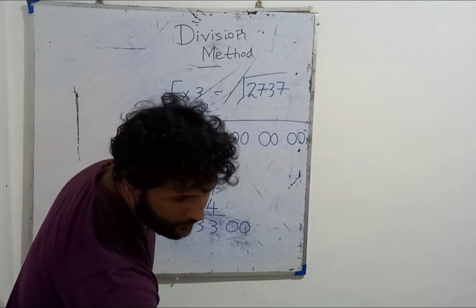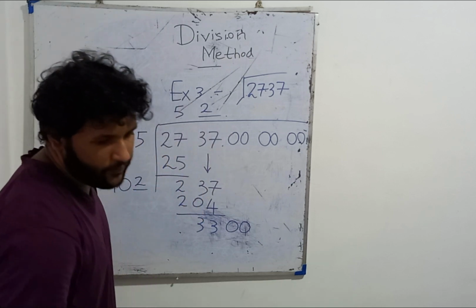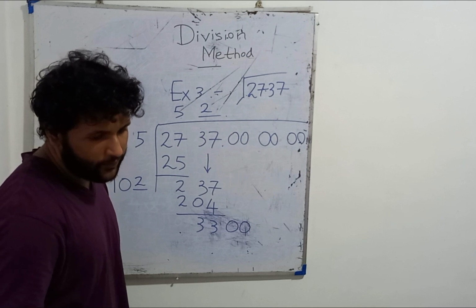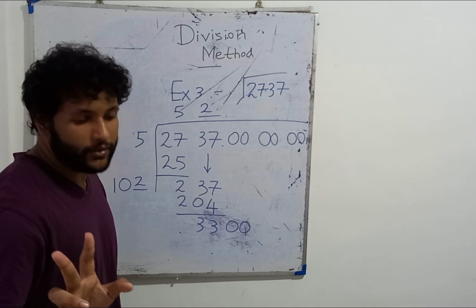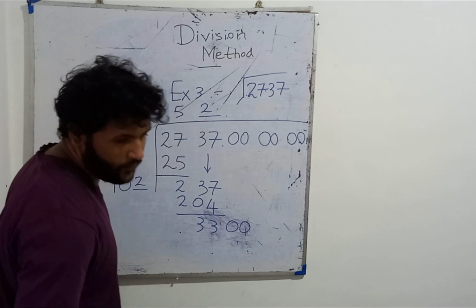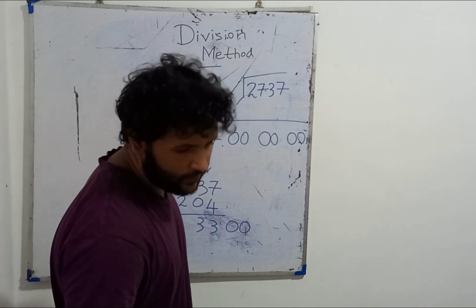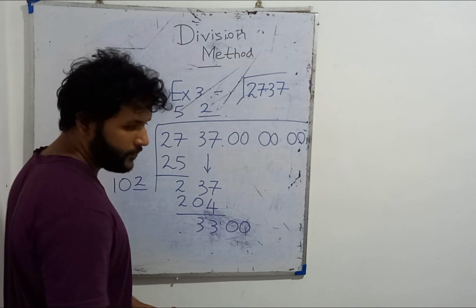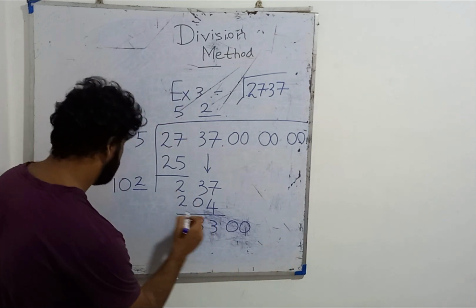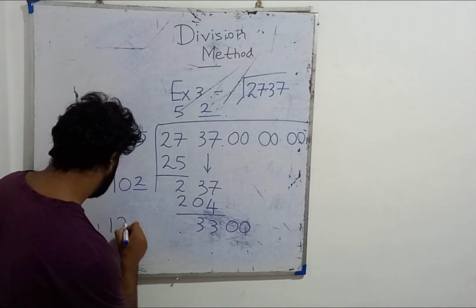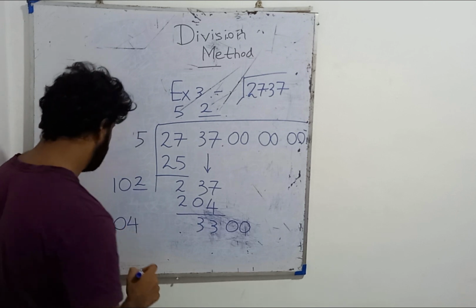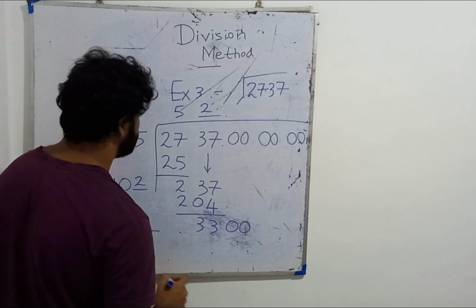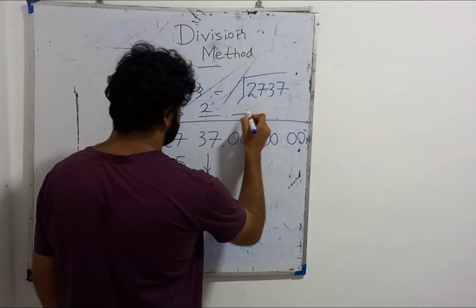Now consider 52 into 1. Okay. It's going to be 52 into 2, right? 52 into 2 is 104. I think I'm lacking space to do this question, but however I will do one.